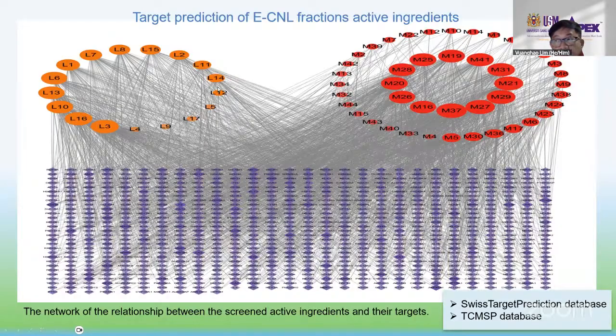So you could see the resulting compound-target network provides a valuable hypothesis that can later be validated experimentally. You can see that there are a lot of proteins that have been targeted in this case, and the network relationship of the screened compounds together with the targets.